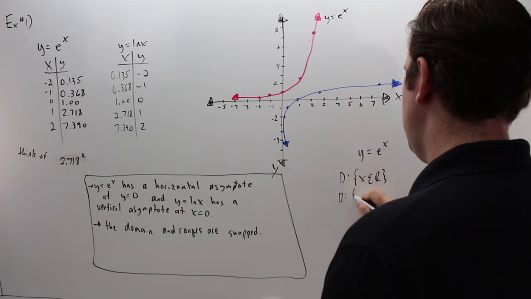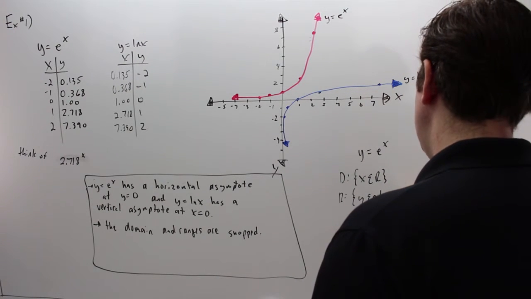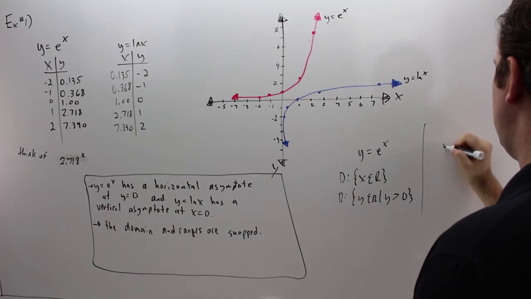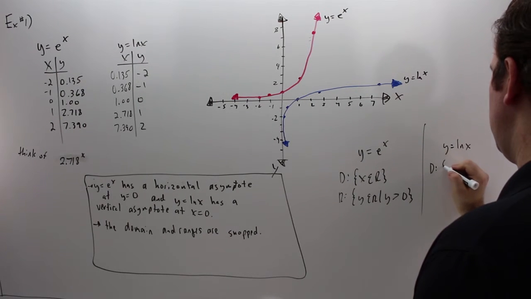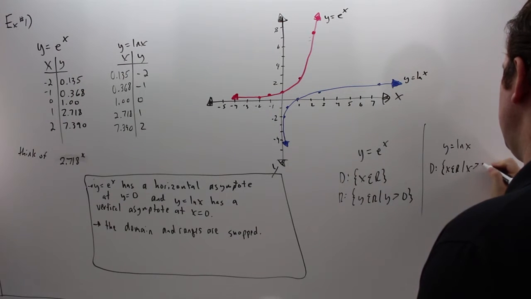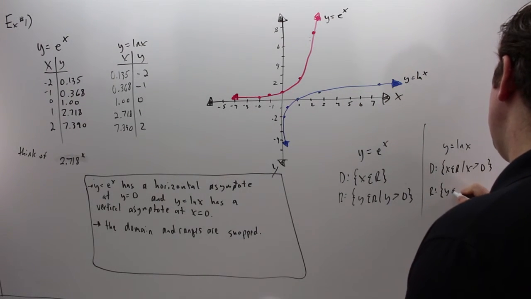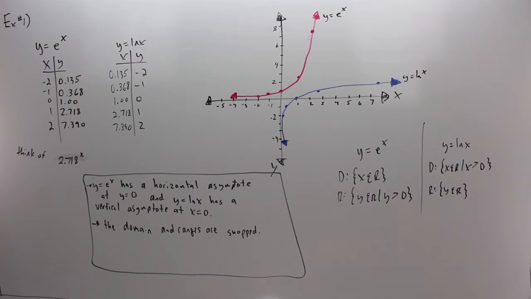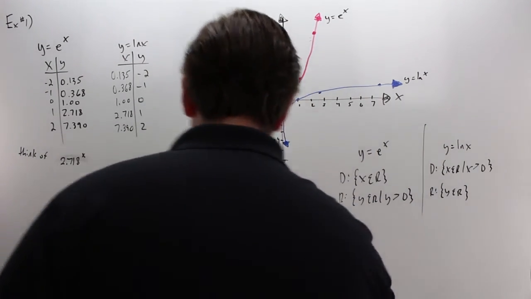And the range is y can be anything so long as y is greater than 0. Now, if we're talking about y equals ln x, the domain is x can be anything so long as x is greater than 0, and the range is that y is unrestricted. y can be all real numbers. So that's what I mean by they're swapped.